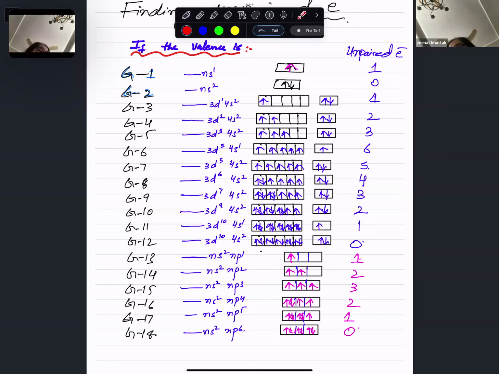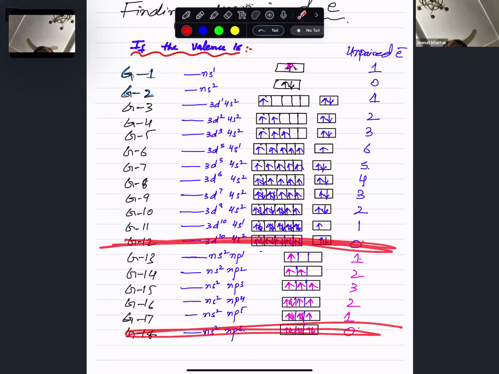So can you see the group 0, 0 unpaired, the zinc series, which is group 12, 0 unpaired, and group 2 is also having 0 unpaired.